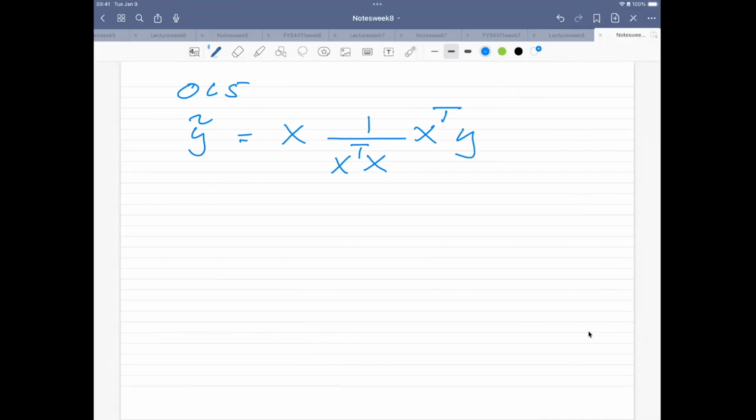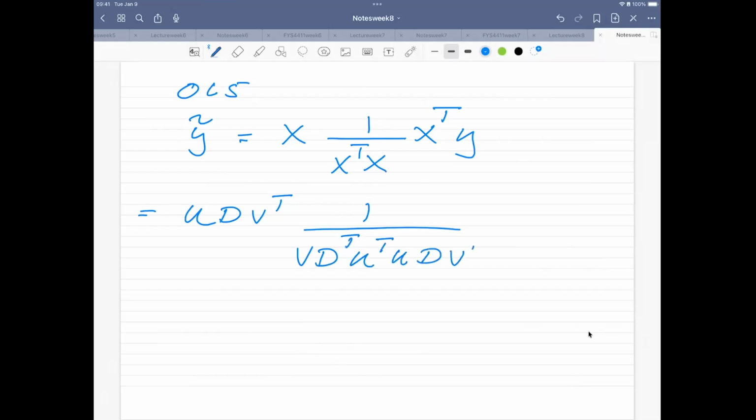So let's now use the singular value decomposition. I can actually rewrite this as U times D times V transpose, and then this is divided, and this looks like a horrible overcomplication. But the benefit is that we are going to decompose things in terms of the vectors of one of these matrices, U or V. Then what we have is D transpose U transpose, and then I have U times D times V transpose.